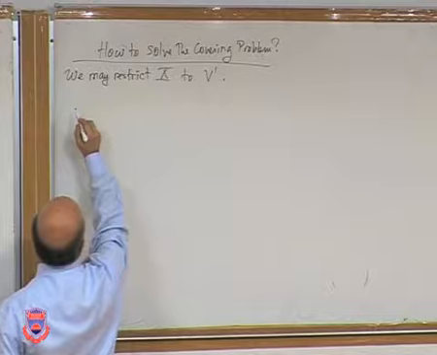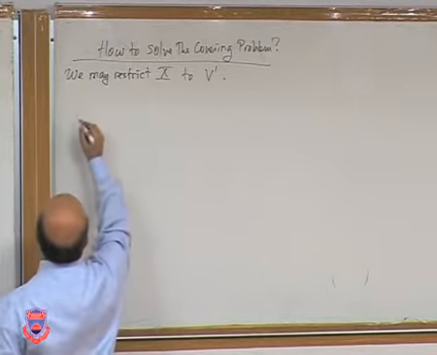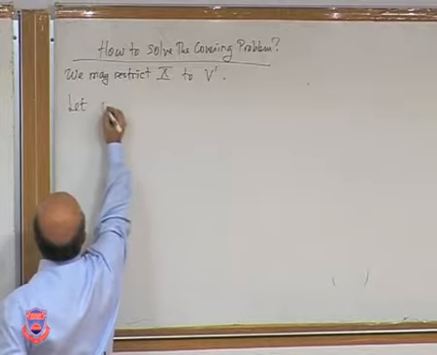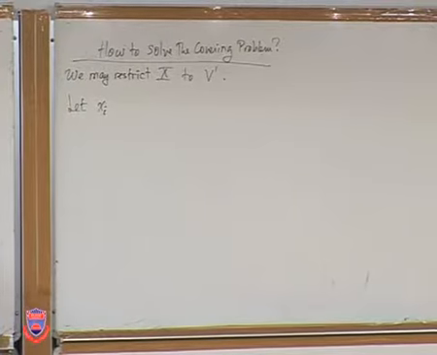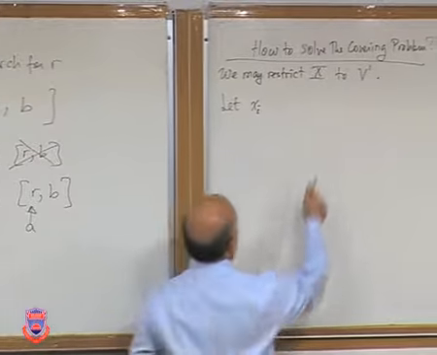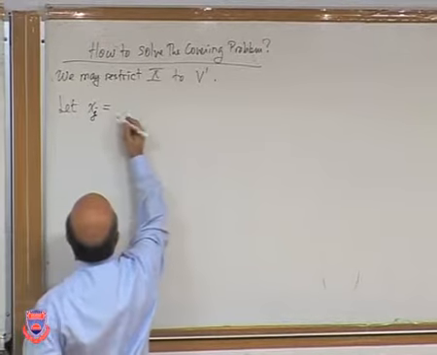And I can define a set covering problem as follows. Let's define a 0, 1 variable xj for the jth point in the candidate list.